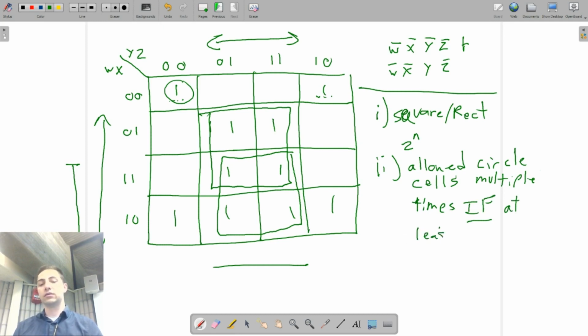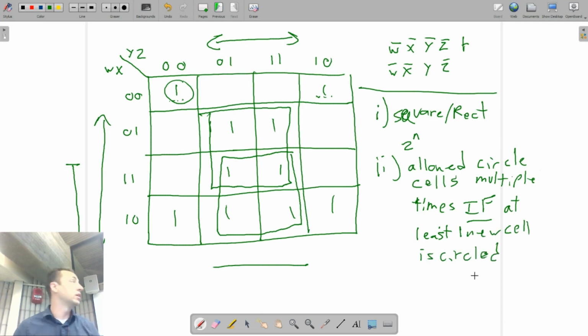Multiple times, if, and this is the huge part, if at least one new cell is circled. So in this case, we've got 2 new cells that are circled. So it's perfectly okay. Because the rule of simplification with Kmaps is we always want to circle the largest square we can.